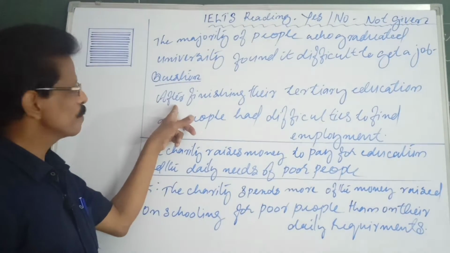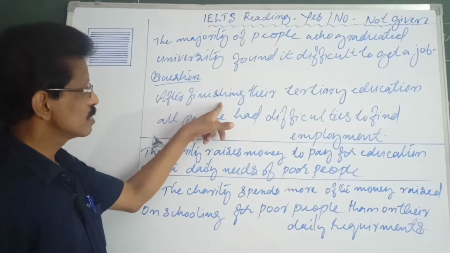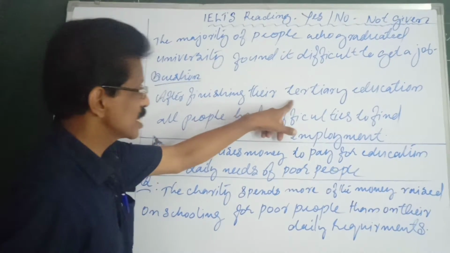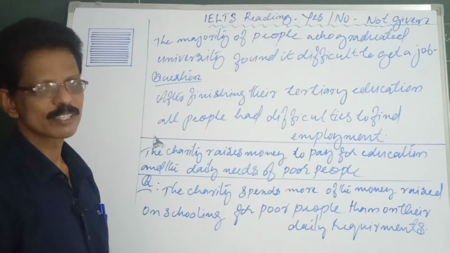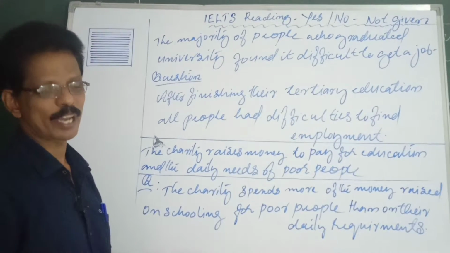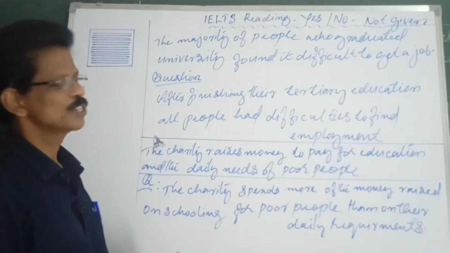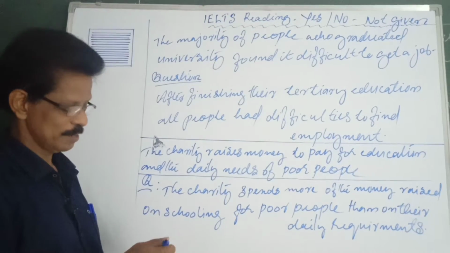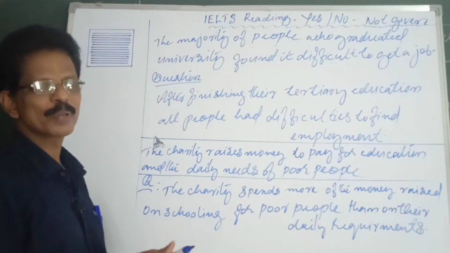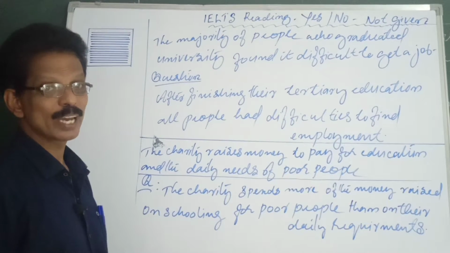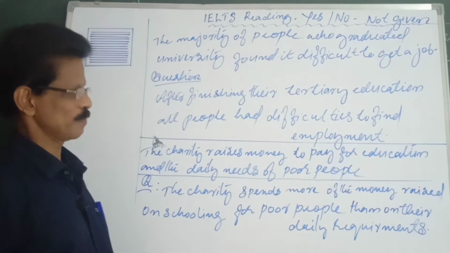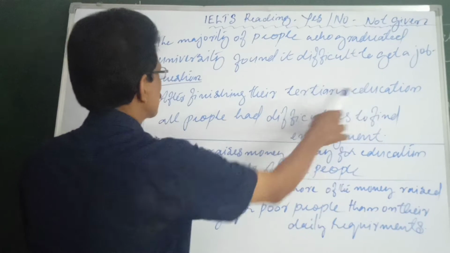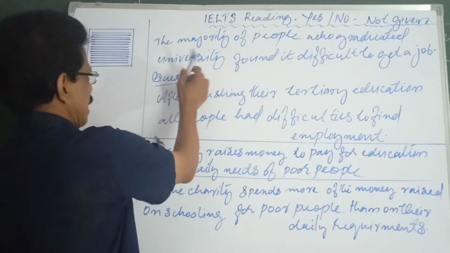Read the question once again. After finishing their tertiary education. Primary, secondary and tertiary, that means university education. Secondary means +2, then comes graduation, that is the third level, tertiary education. So tertiary education means what?